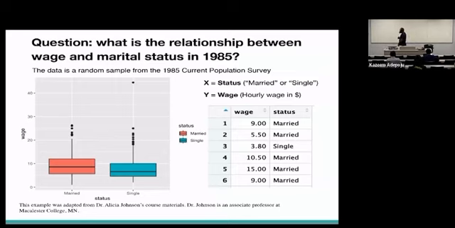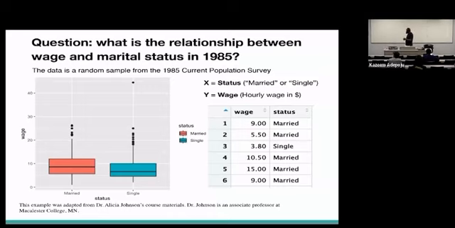And in the past, we've handled situations where the nature of the independent variable is continuous. But what makes today's lecture different is a situation whereby the independent variable is categorical. It's not continuous. If you take a look, I'm calling X status, married or single. That's two levels, right?